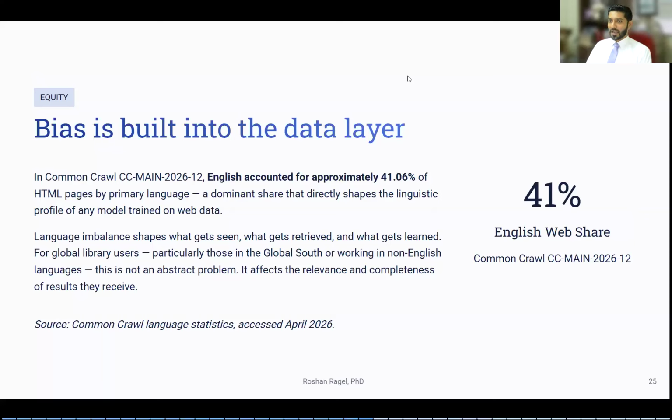More issues is bias. Bias is a serious problem. To start with, this is the common crawler. The common crawler, that is, the crawler meaning the tool that goes around the internet and finds data for AI to learn. So the common crawler, the numbers show that in 2026, about 40% of that common crawler data is in English. Which means those who are supporting other languages, particularly low resource languages in countries like where I'm coming from, the data that's out there is very small.